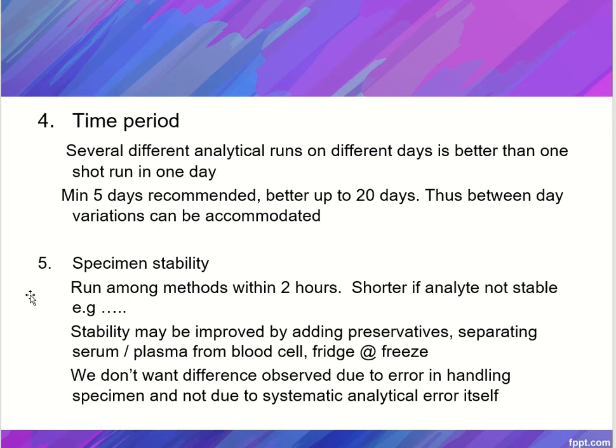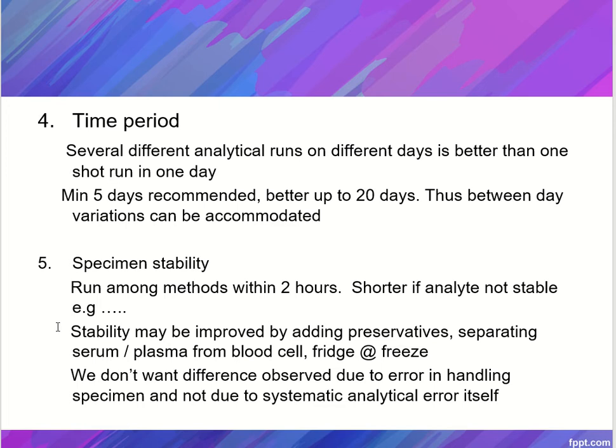For specimen stability, you need to run among methods within 2 hours, shorter if the analyte is not stable. For example, with ABG, arterial blood gases, you must run among the methods as soon as possible.